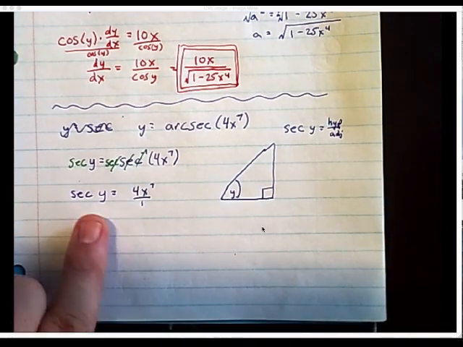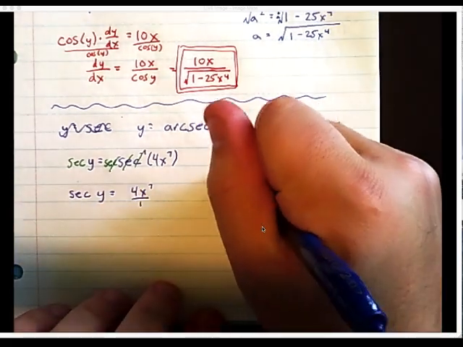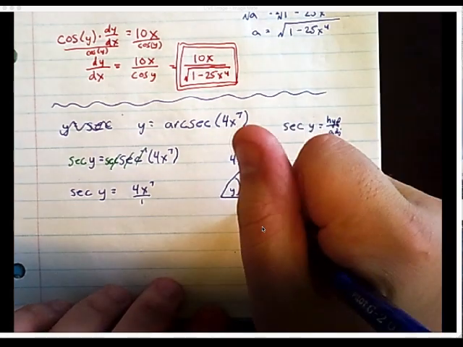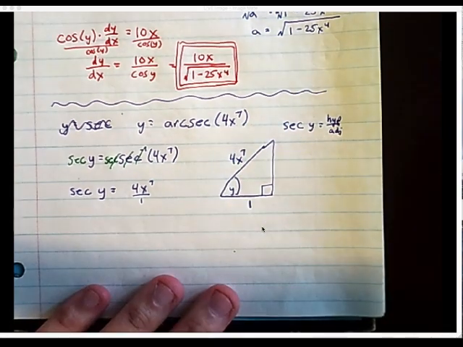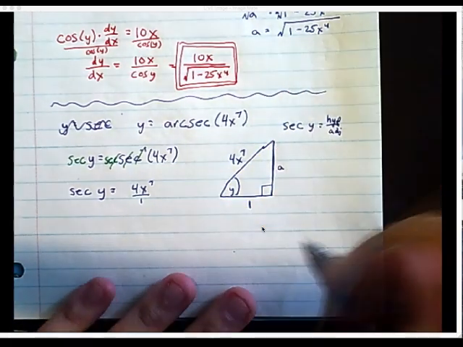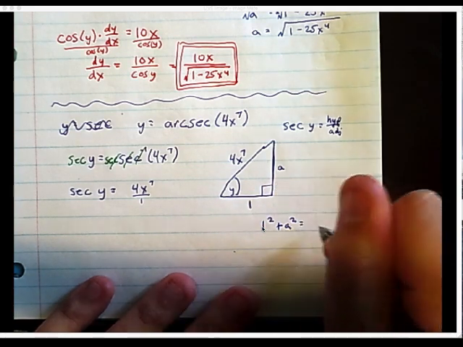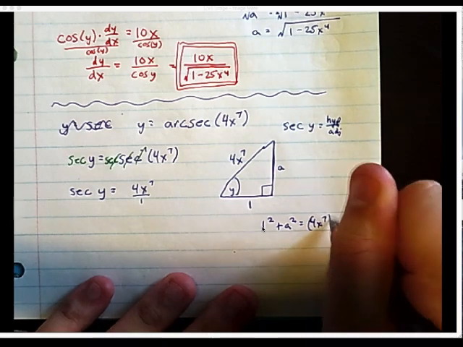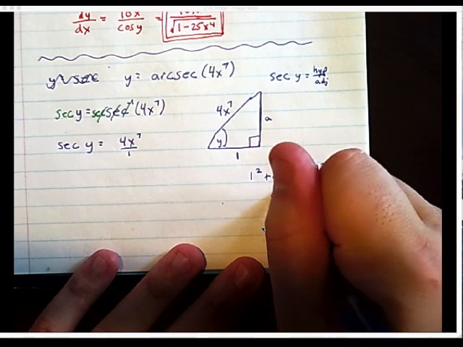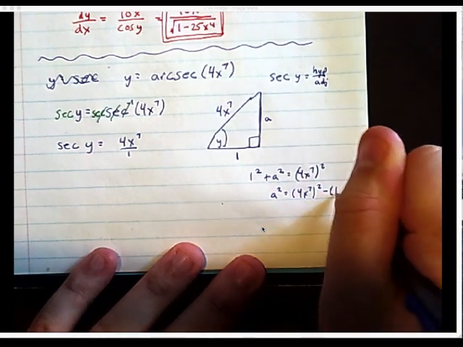So here, the secant of y, the hypotenuse would be the numerator, 4x to the 7th, over the adjacent, which would be 1. Now we might need this, so call it a. So you should know that 1 squared plus a squared is going to be 4x to the 7th squared. So if I want to solve for a squared, I could take 4x to the 7th squared minus 1 squared.